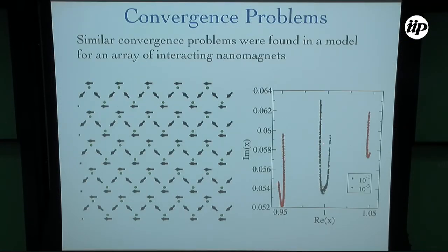And here, just to show you again, for this spin-ice model, when you do a temperature scan, when it converges, you see a well-behaved path that passes by the point 1, and when it doesn't converge, it seems to avoid it. These are very small temperature steps, and then it goes here, here, here, and then jumps directly to this point, and here, here.